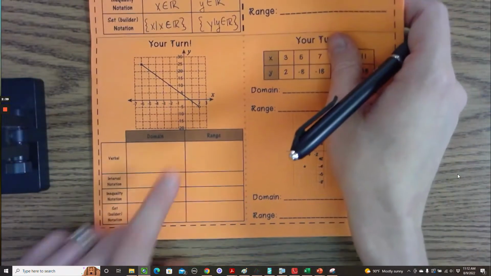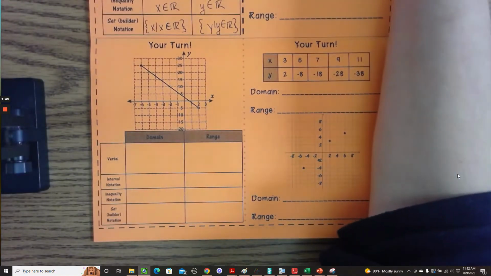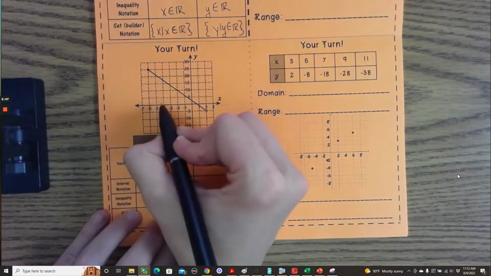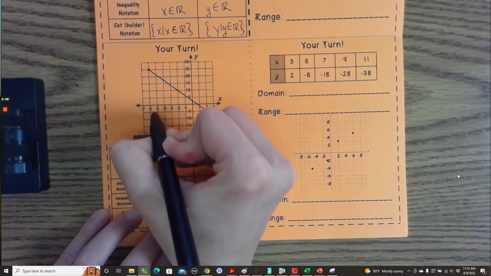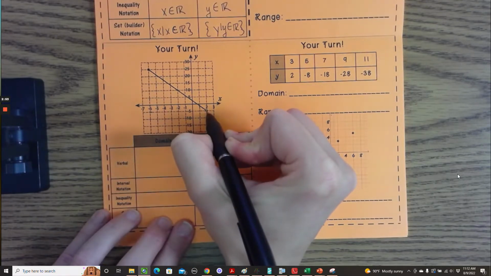All right, another type of continuous function we may see is something like this, where we do have endpoints. So in this case, verbally, our domain, we look at the x's. I'm starting here at negative 6. I'm ending here at positive 2.